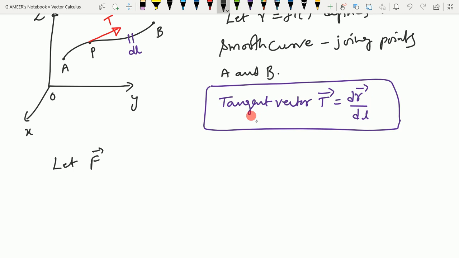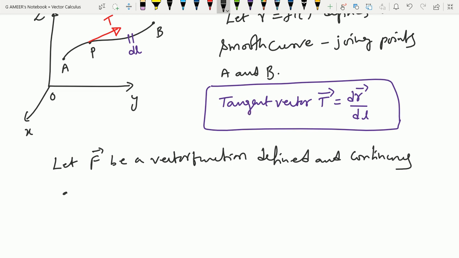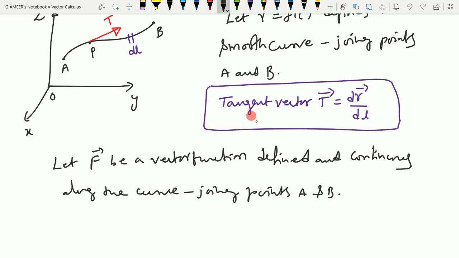Let F be a vector function defined and continuous along the curve C joining points A and B.